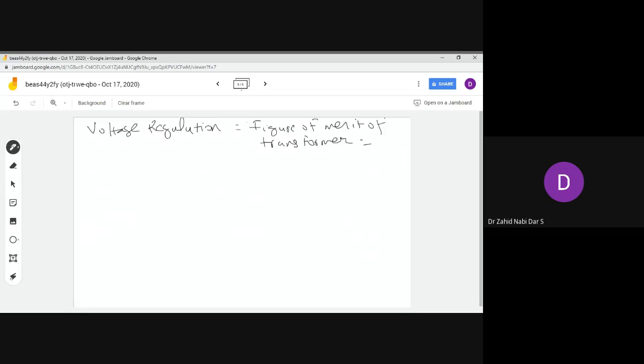So the voltage regulation would be basically voltage. What is this?